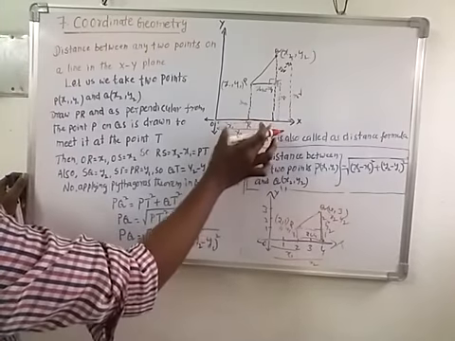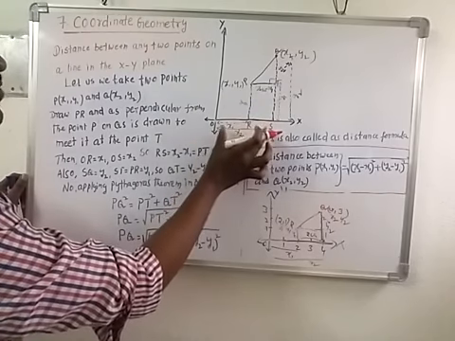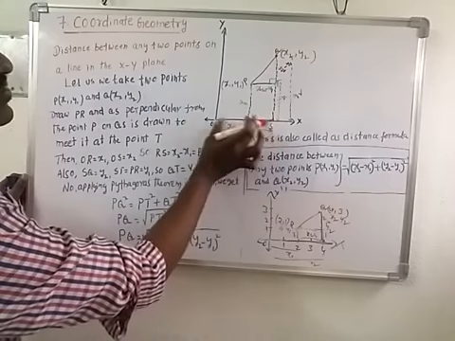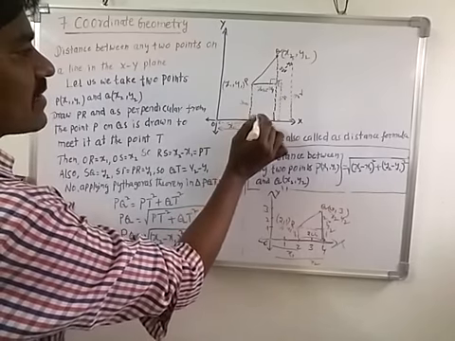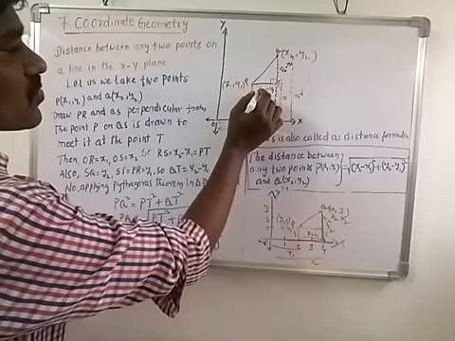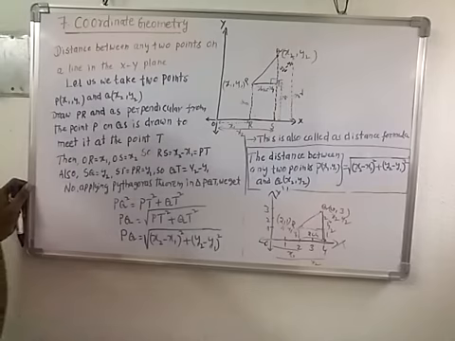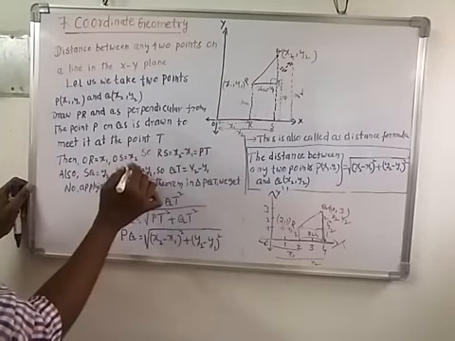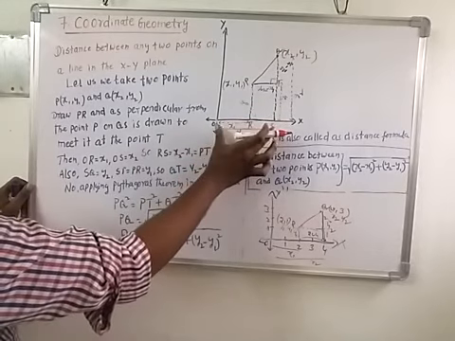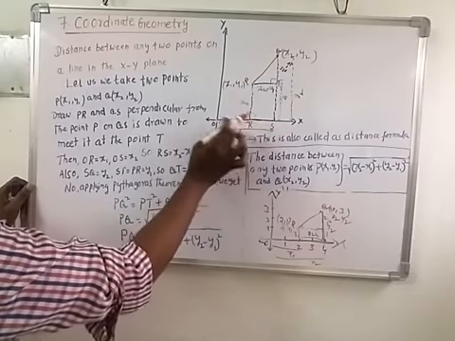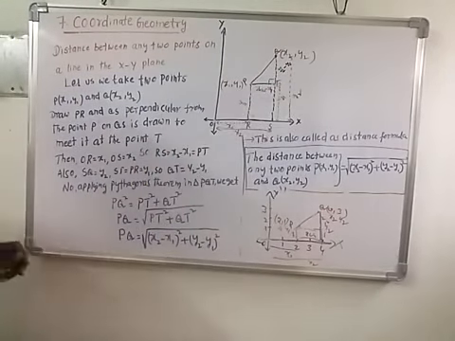So RS is OS minus OR. OR is equal to x1, OS is equal to x2. So RS is equal to x2 minus x1, that is also equal to PT. PT is x2 minus x1.